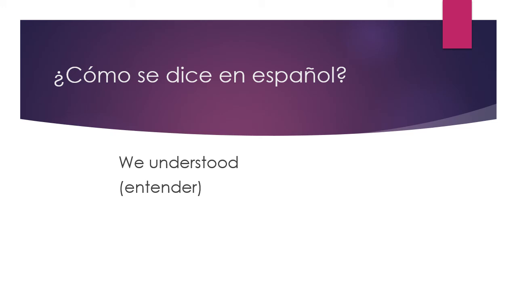Careful on this one because it's a little bit different than the present tense, but not much different. Es entendimos. Okay? In the present tense it would be entendemos, but in the past tense it's entendimos.